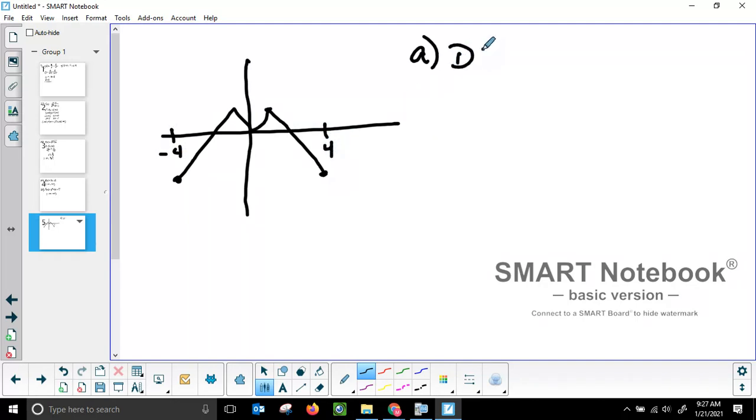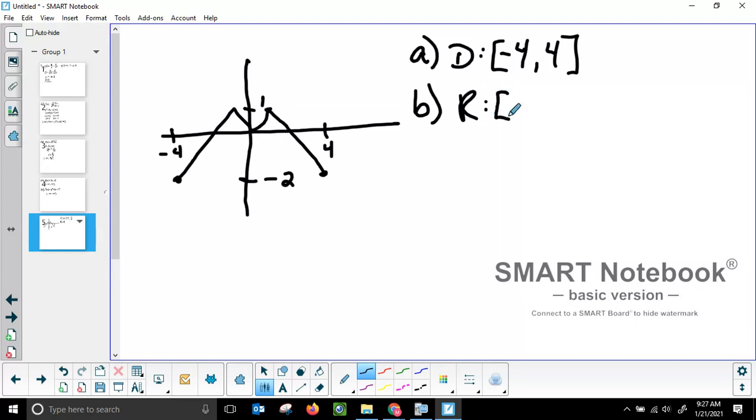So the domain would be from negative 4 to 4 inclusive. All right, B, the range. Well, down here we have negative 2. Up here we have positive 1. So my range is from negative 2 to 1, also inclusive.